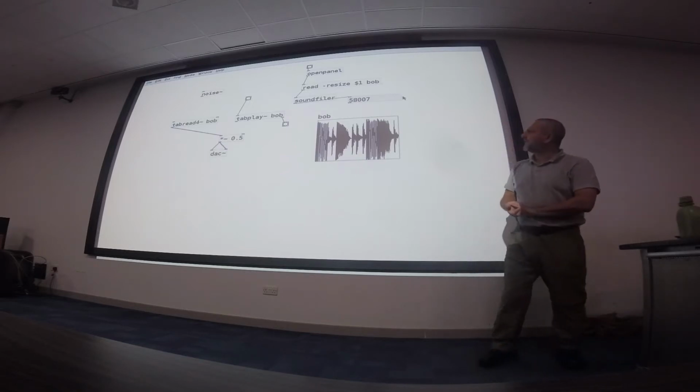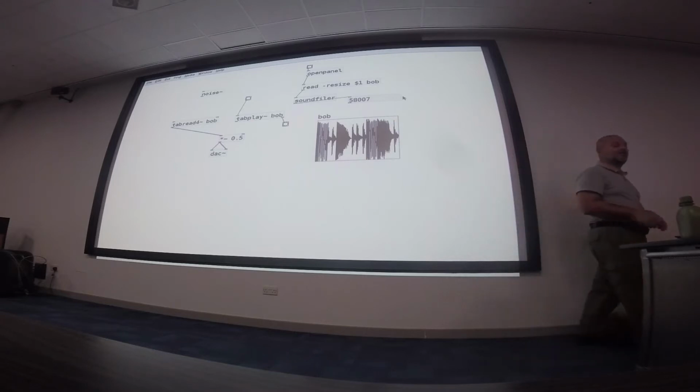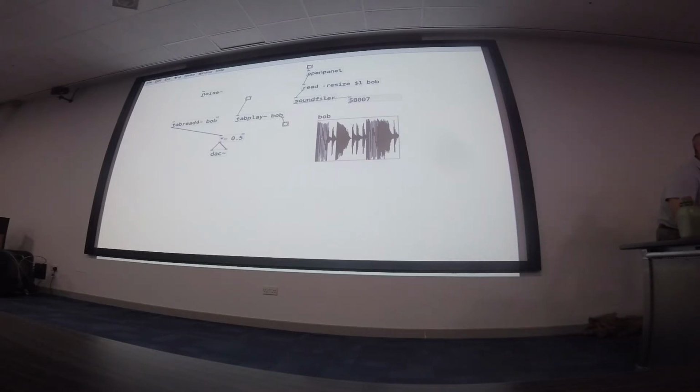So it says there were 58,007 samples. So if I create a slider here, a horizontal slider, which is going to go between 0 and 58,007.